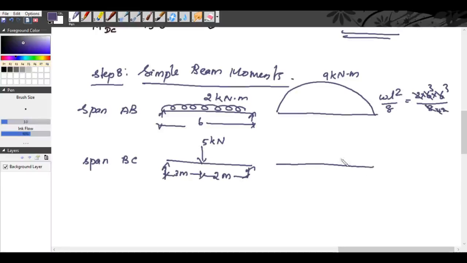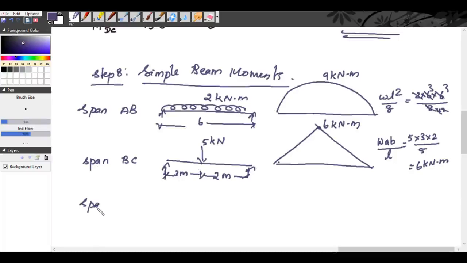The maximum moment will act at the point where the concentrated load acts, and the value is W a b by L. So 5 into 3 into 2 divided by 5, we get 6 kilonewton meter.